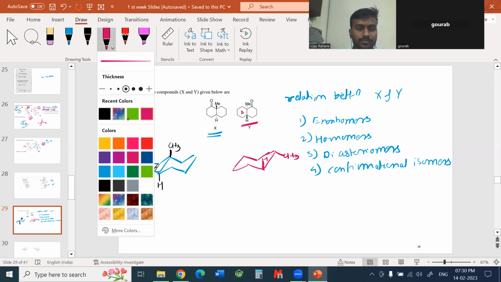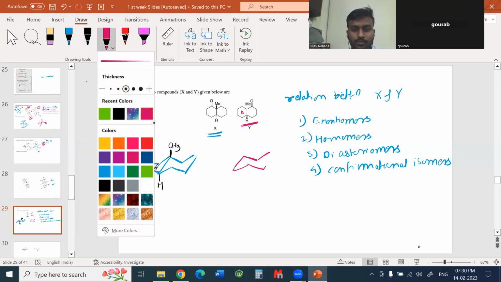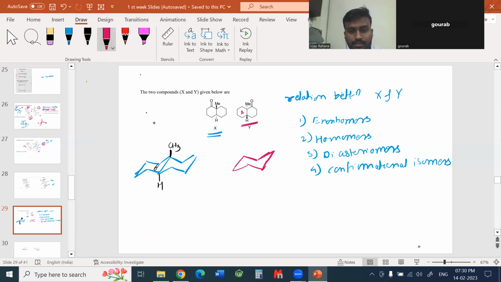For understanding, I will draw a second ring with another color. I will draw the B ring first, since drawing the structure in the boat form to understand what we are looking for is a little difficult, right? So the B ring I will draw first, and then the A ring.